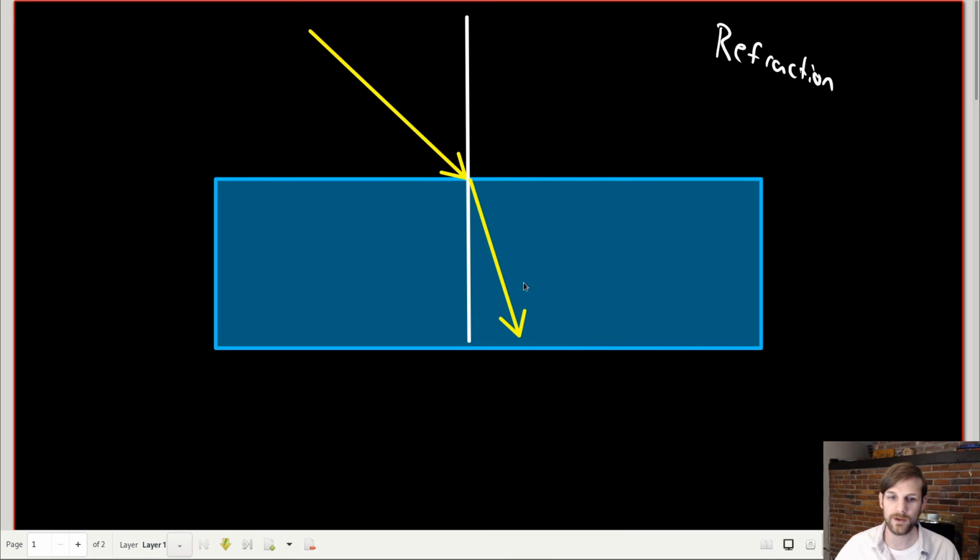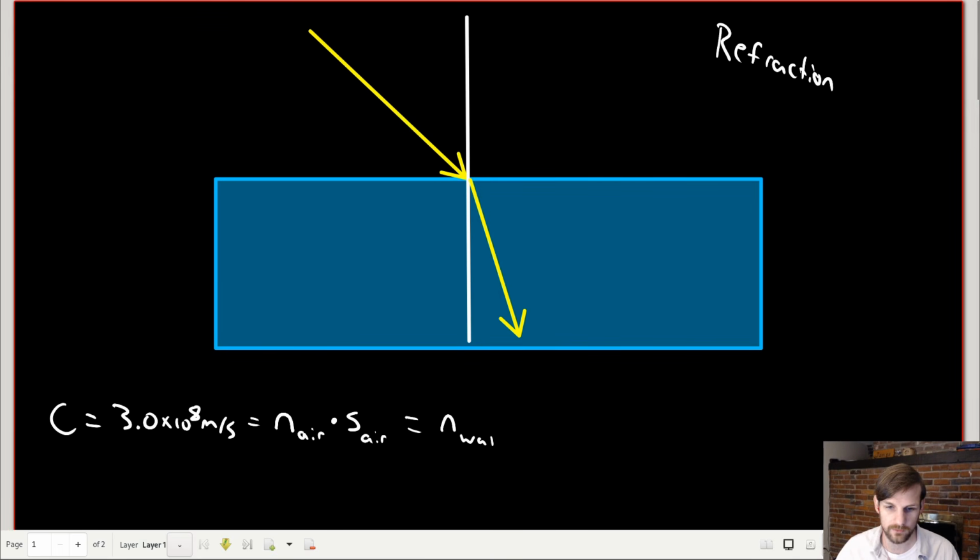So let's start by writing down the equation that we wrote down before. C is equal to 3.0 times 10 to the 8th meters per second, which is equal to the index of refraction in air times the speed of light in air, which is equal to the index of refraction in water times the speed of light in water.